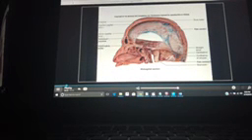Here's the falx cerebri, and again, notice how this is all dura, and it's nudged in nicely within that longitudinal fissure in between the cerebral hemispheres. Then you have the tentorium cerebelli right here, and you find that in between where you have your cerebrum and your cerebellum, which will normally sit right here.